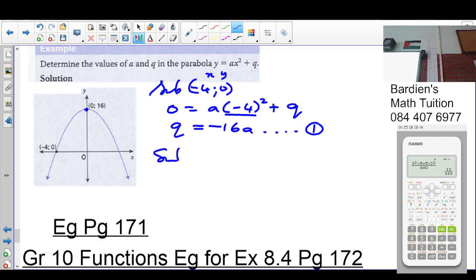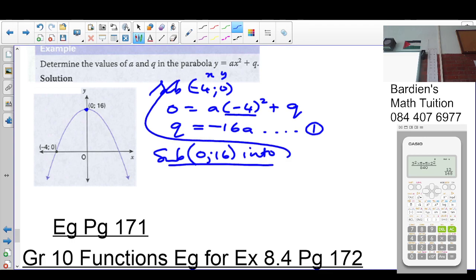Now you substitute the other point, which is 0 and 16, into the original function, because we can't use q equals negative 16a at this point. So we get 16 is equal to a times 0 squared plus q.